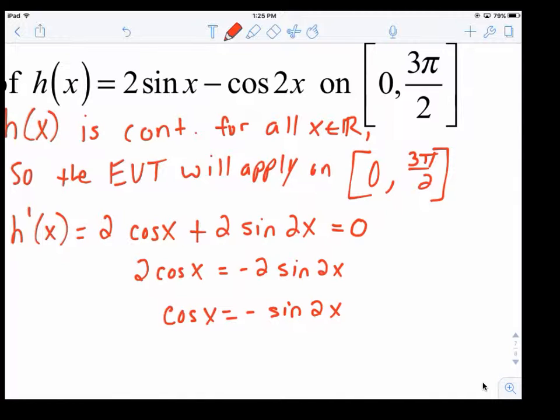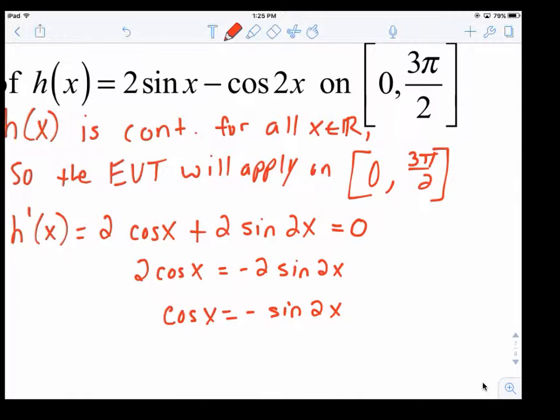Where are you getting the negative 2 from? Sine is this over this.